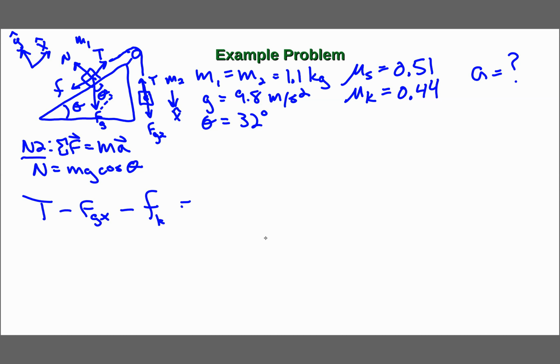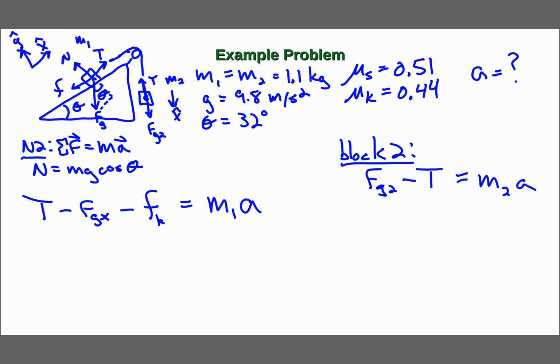And then that's equal to M1A. And then for block 2, we'll look at the vertical direction here. For block 2, we have Fg2 in the positive direction minus tension, and we'll say that equals M2A.